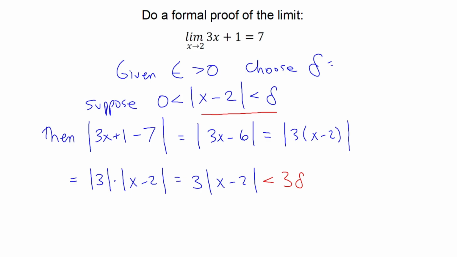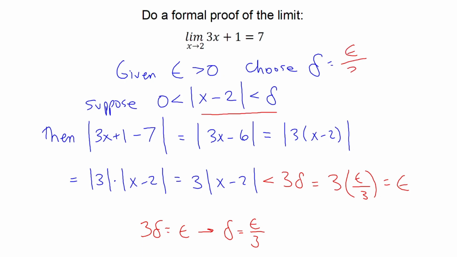So we just set that equal to epsilon, right? If I say let's let 3 delta be epsilon, then delta, the delta that we want to choose, is just epsilon over 3. So this is equal to 3 times epsilon over 3, which is epsilon. So our choice for delta is just epsilon over 3. And that's the proof.